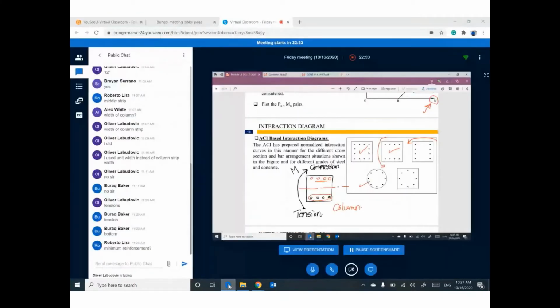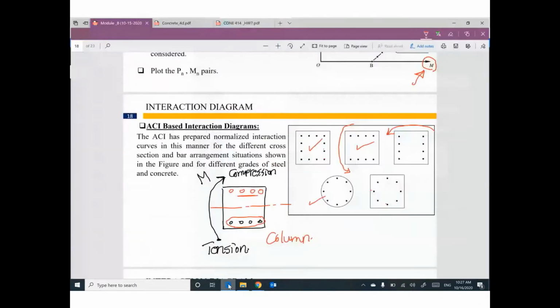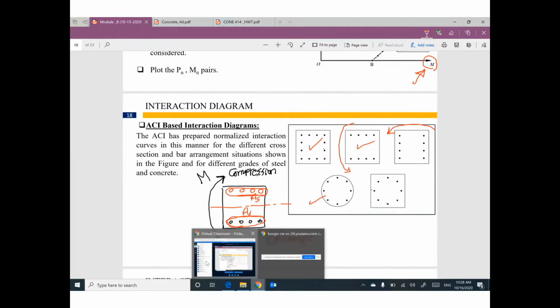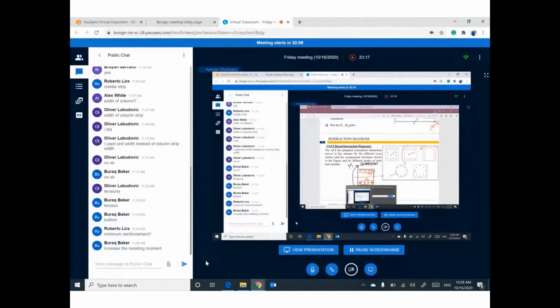Minimum. This area of steel is equal to this one. Wow, the same area of steel? Yes. If you put here 5 bars, 5 bars. If you put here number 10 bars, the same number. So everything is the same on both sides. How can I increase the resisting moment?